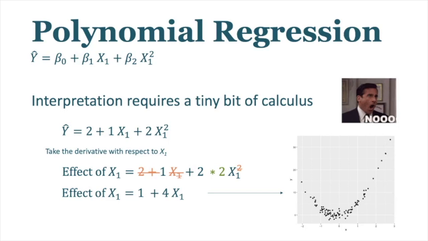So for example, if we are at x equals 1, we're starting there and we increase x by 1 unit, then the effect of x is positive right there. If we're at x equals 1, the effect of x is positive.